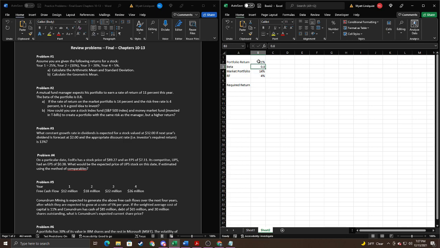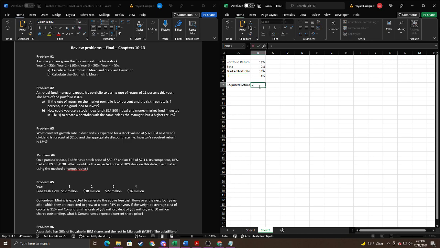Is the required return going to be greater than the portfolio return? In which case it will be a bad investment. If the required return is less than the portfolio return, then it's a good investment. But if it's the same, then it's just an average investment and it's comparable. But we are not going to get one that is exactly equal, so we don't have to worry about that one.